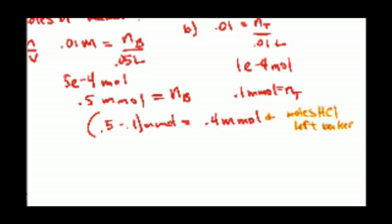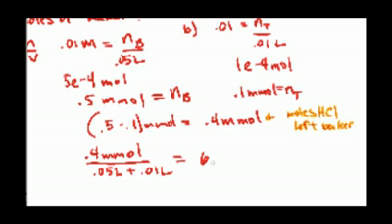Now we take those moles and create a molarity by dividing by the new total volume. We had 50 milliliters, or 0.05 liters, and you added 0.01 liters of your titrant. So we have 0.4 divided by 0.06, which gives you 6.6.